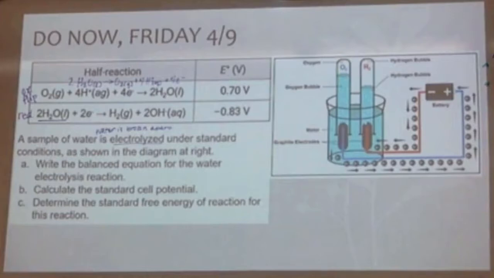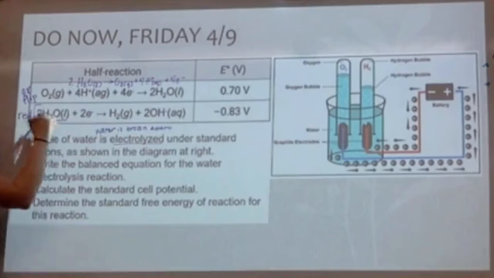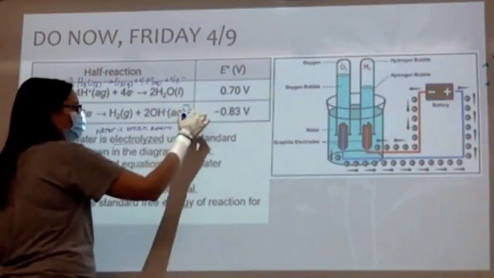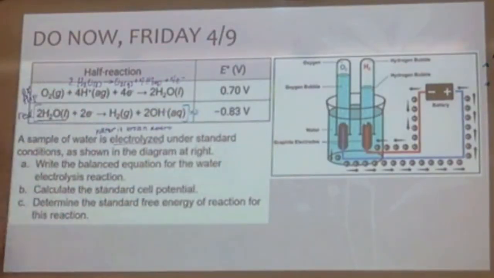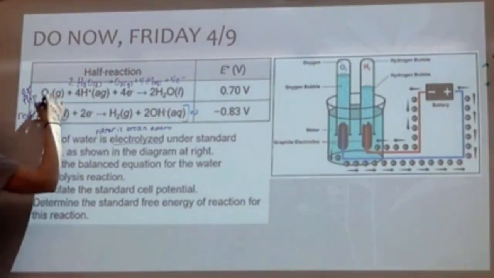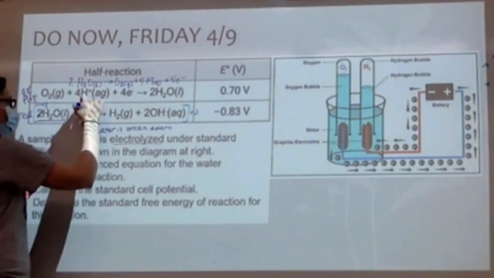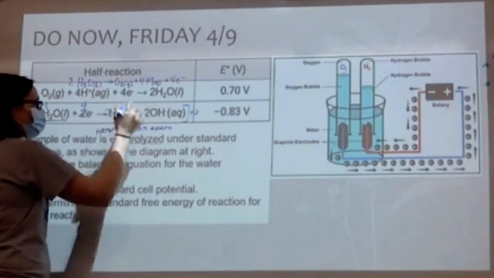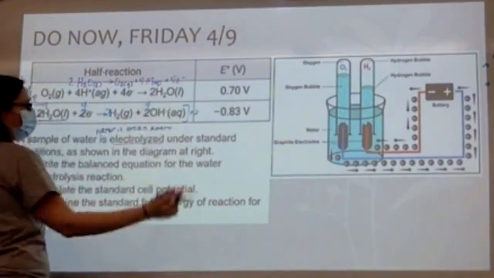There are 2 ways you could make them equal. One way, and the way I would have looked at initially, is to multiply this entire second half reaction by 2. Then this becomes 4, this becomes 4, 2, and 4.